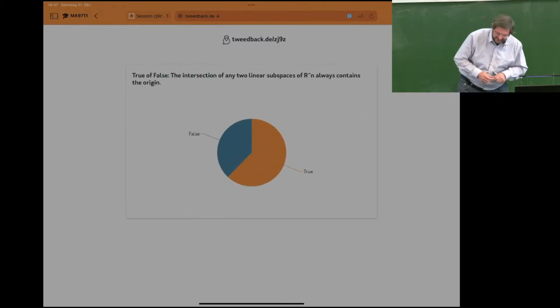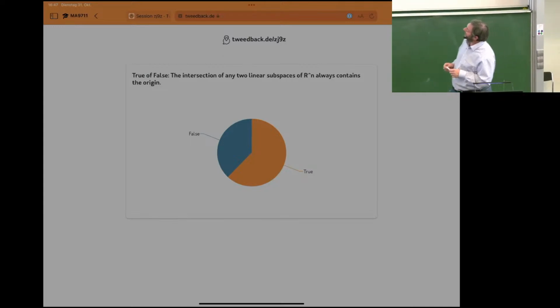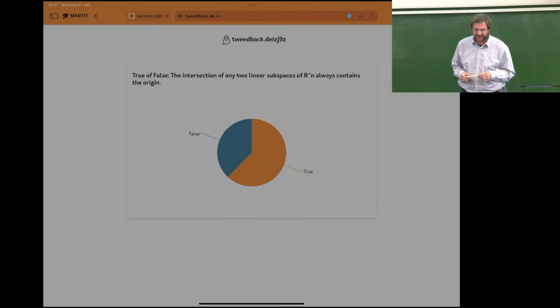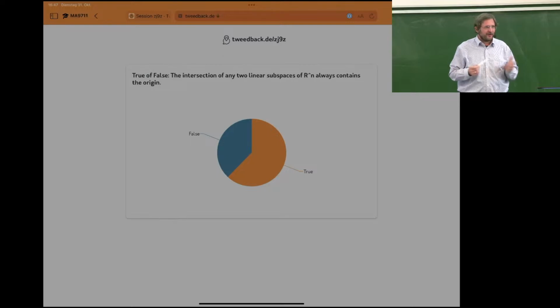All right, so let's see. Here's what you answered. At least the majority said true. A considerable amount said false. Now you hopefully do remember the first step in checking whether a set is a linear subspace or not. And that was checking whether the origin is contained in that set, right?